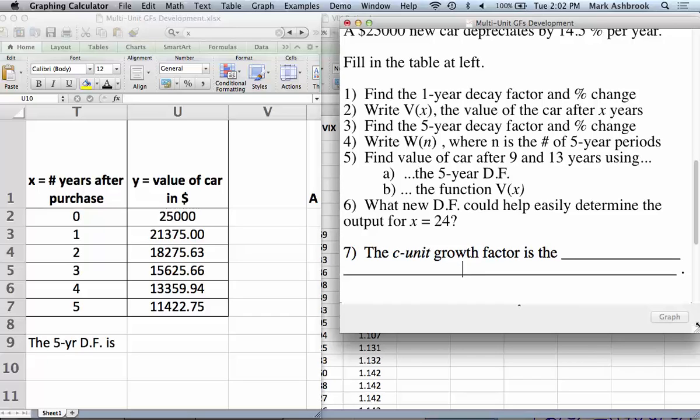Do you just have a vague, nebulous idea of what it is, or can you articulate it well? That's what we want. We want you to be able to articulate this well. Exactly what is a C unit growth factor?